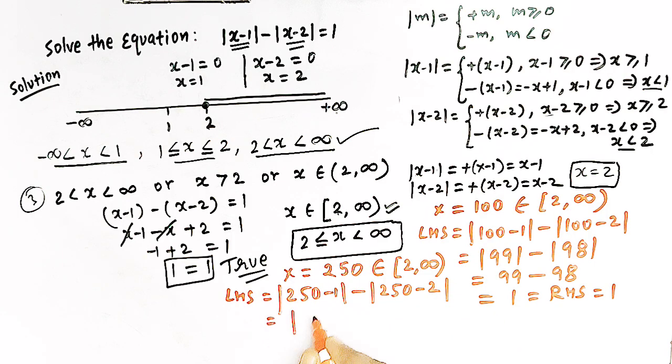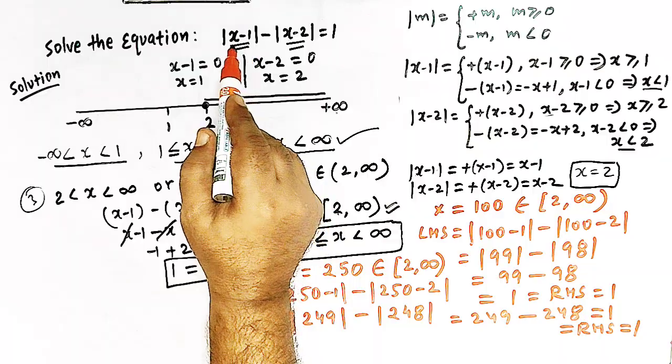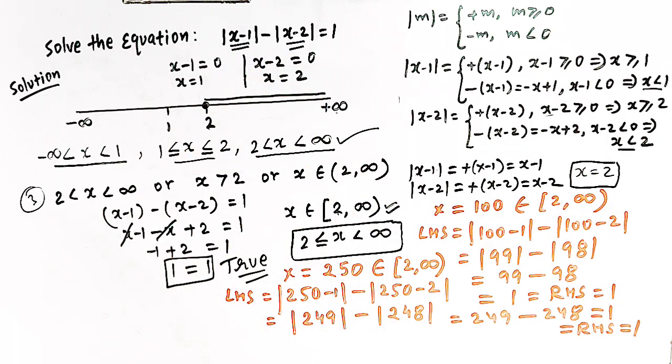So here we have 249, and here we have 248, and mod of 249 is simply 249, mod of 248 is 248, and the difference is equal to 1, which is equal to the right hand side. And this verifies that x is equal to 250 is also a solution of this equation, right?